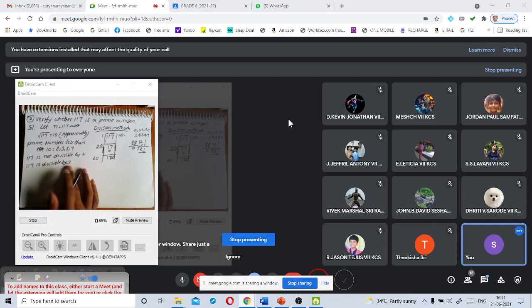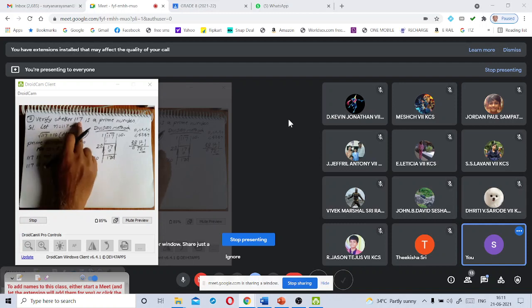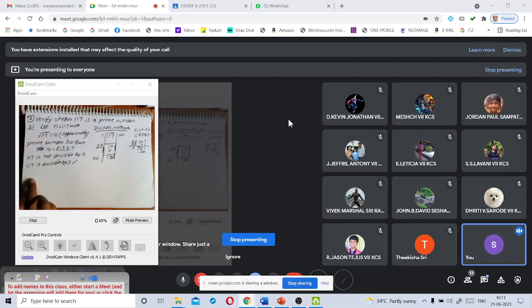So it is enough. At least any one prime number should divide. So 3 divides this number. So we can say that it is not a prime number. It is a composite number.